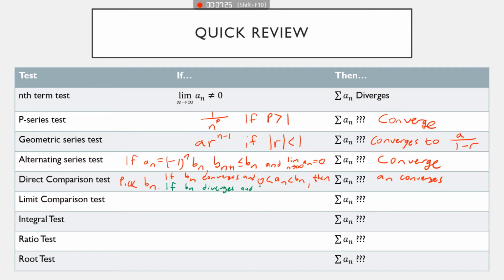Then a to the n is greater than b to the n. Right. So 0 is less than b to the n is less than a to the n. Then what would be true? Then it diverges. Okay, then the original series diverges.